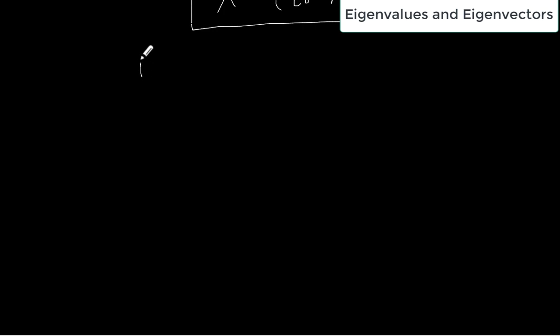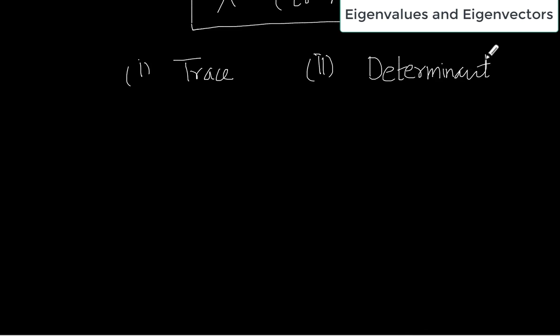First is about the trace of the matrix, and second, it gives you something about the determinant of A. So if in some multiple choice questions they give you only the characteristic equation, from that you can find out what is the trace of A and what is the determinant of A.